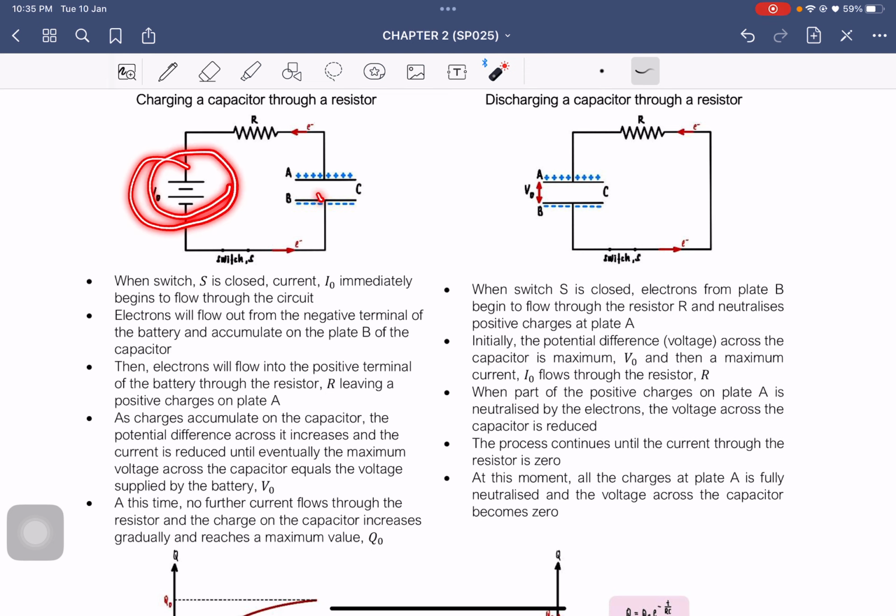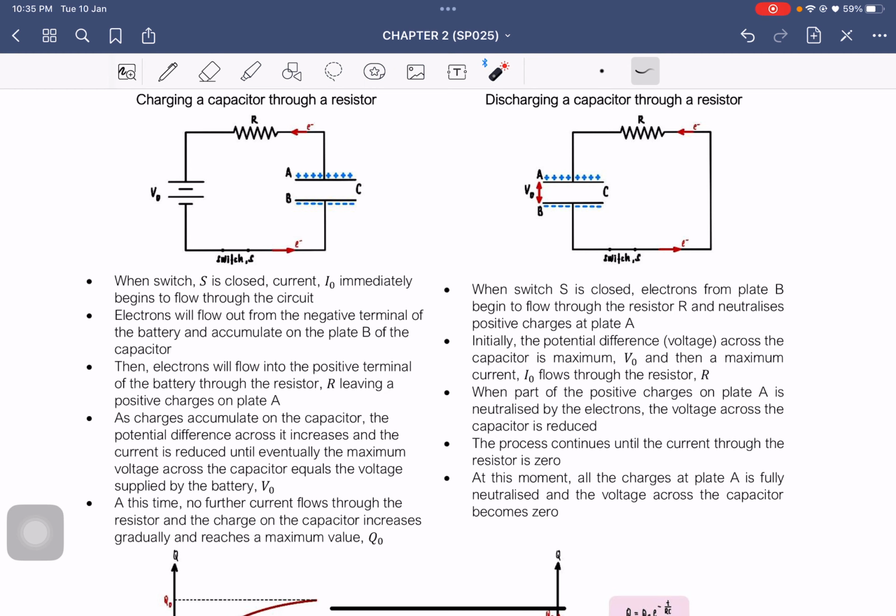Okay, so when these two voltages are equal, no current will flow through the resistor and the charge on the capacitor will increase gradually until it reaches a maximum value which we call Q0. Okay, so that is what happens when you charge the capacitor when the switch is closed.